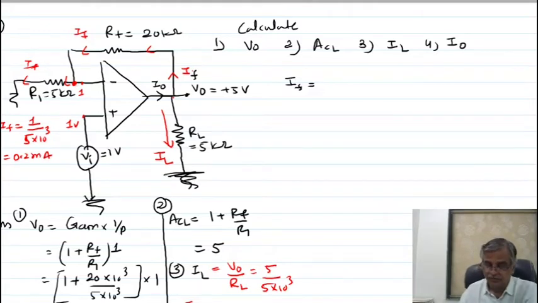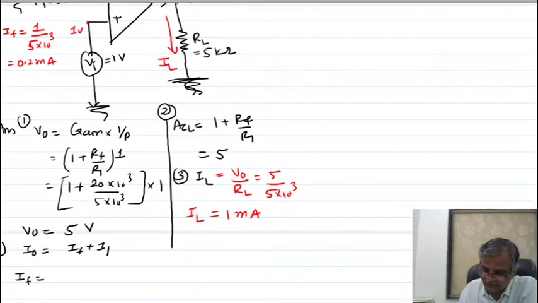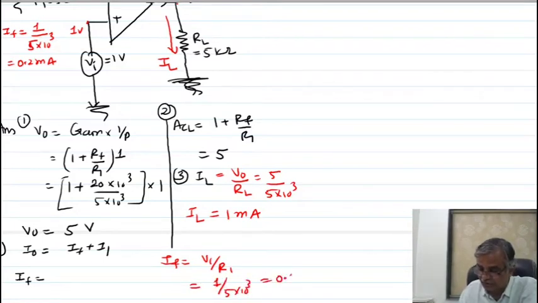The voltage drop across this I have written here, 1 volt. This voltage drop is V1, if you don't understand. So you can write IF is nothing but V1 upon R1, 1 volt upon 5 into 10 raised to 3, so 0.2 milliampere. So I can write 0.2 milliampere plus 1 milliampere. My answer is 1.2 milliampere.